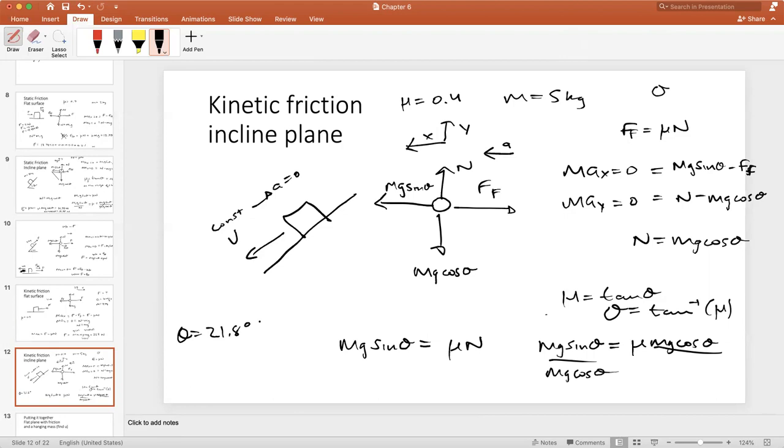It wouldn't accelerate and it wouldn't decelerate. Basically, at that point, the weight and the force of friction are equal, which is exactly what we're seeing right here. We know that, but we're seeing it mathematically. Going through Newton's laws, we arrived at it mathematically, which is great that that actually worked.